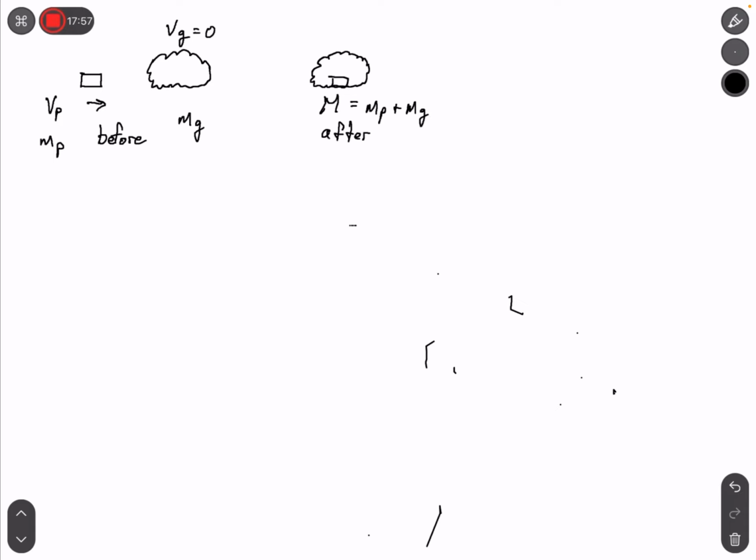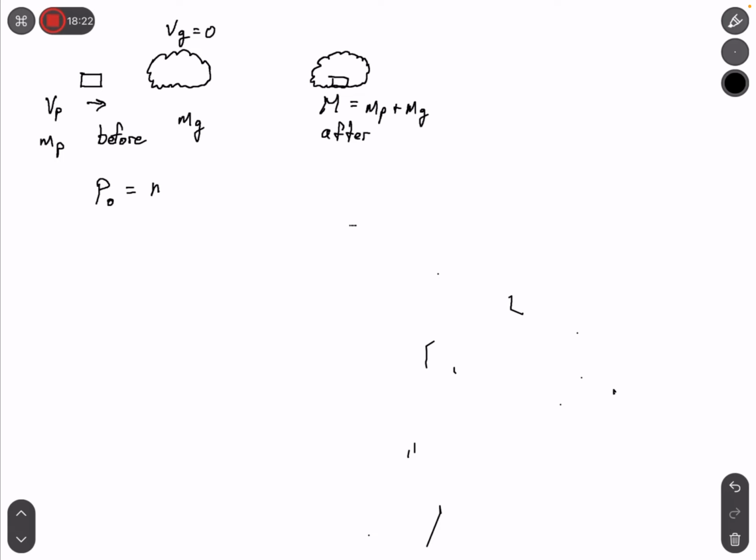So that's our total mass, and because of conservation of momentum, there has to be a velocity, because over here our momentum initial for the system, m goalie times v goalie is 0, right? And 0 times anything is 0.